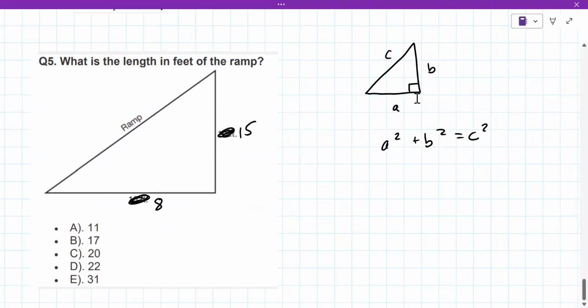A and B are the legs. The legs come out from the 90-degree angle. You're given A and you're given B. A is 8, we're going to square it. B is 15, we're going to square it. Equals C squared. So could you square both of these numbers, or like we did last problem, just multiply it by itself and then add them up?